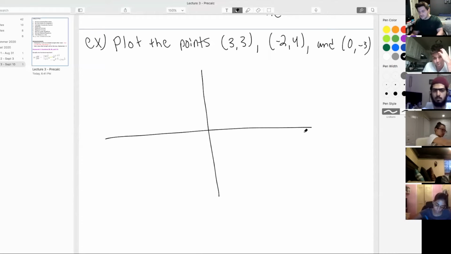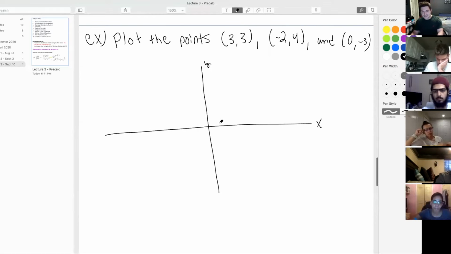It'll look like that. Here's the y-axis, here's the x-axis. And I'm just going to make these little tick marks just to denote how far I need to go out. So that'll be 1, 2, 3. Similarly, 1, 2, 3, 4, -1, -2, -3, -4, 1, 2, 3, 4. Okay.